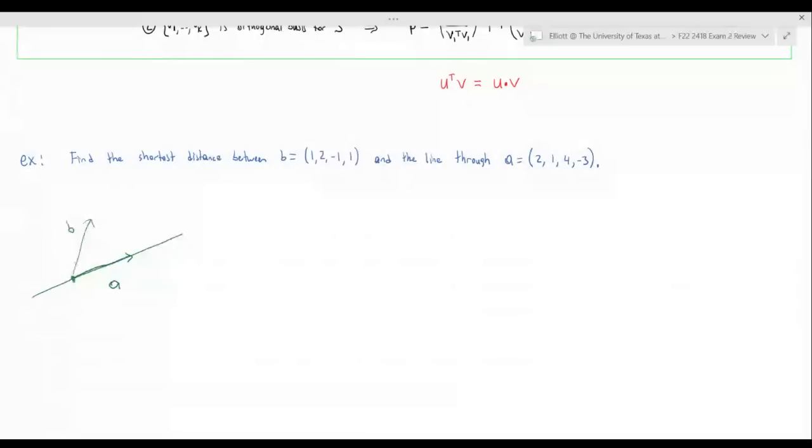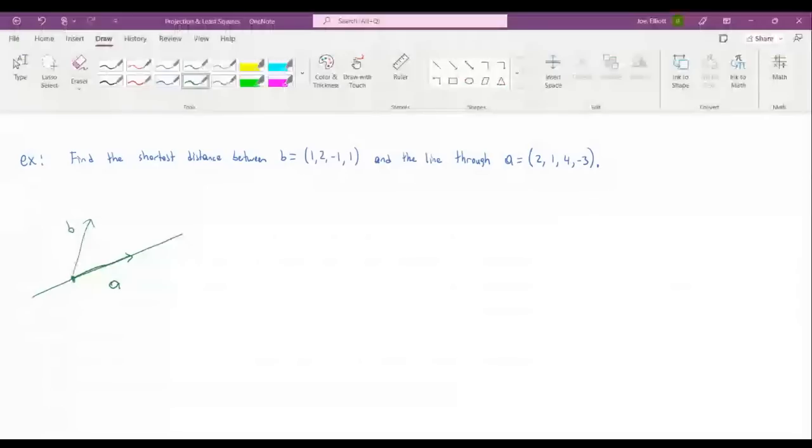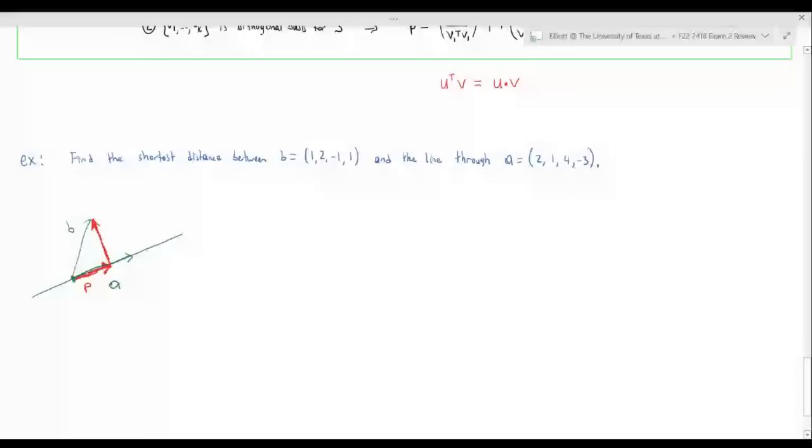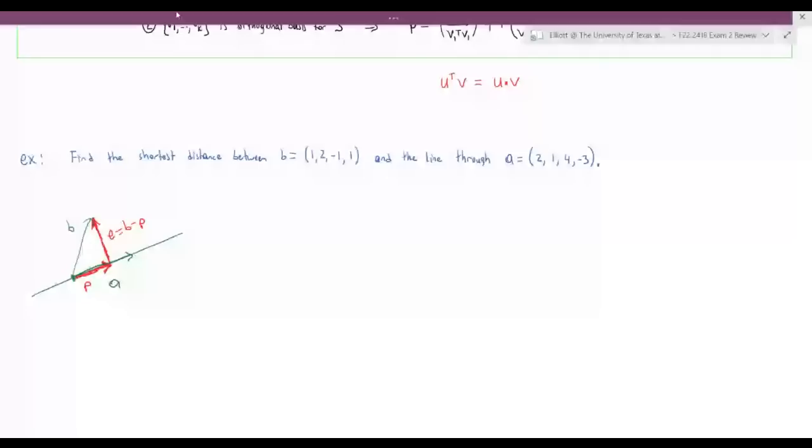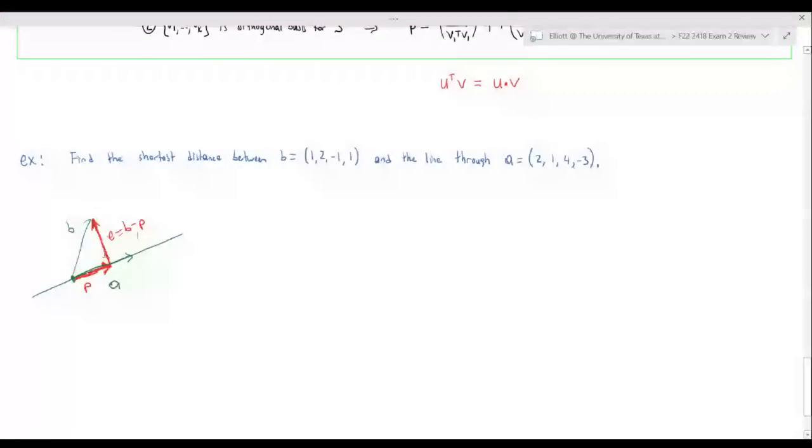So first we'll calculate the projection vector. In the picture, your projection vector will look something like that, okay? Once you get the projection vector, you can calculate the error vector E, which is B minus P. Then we'll use the error vector to find the shortest distance between B and the line, okay? But let's just calculate the projection vector first.